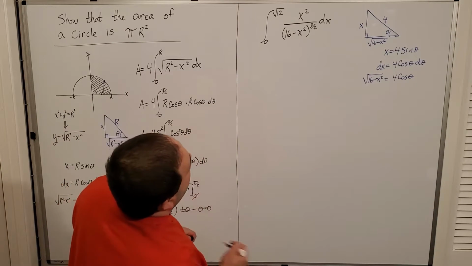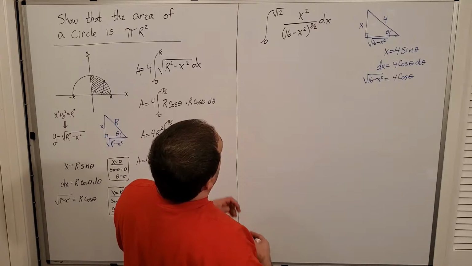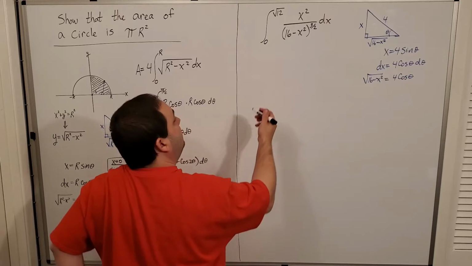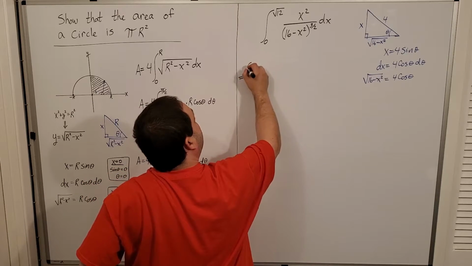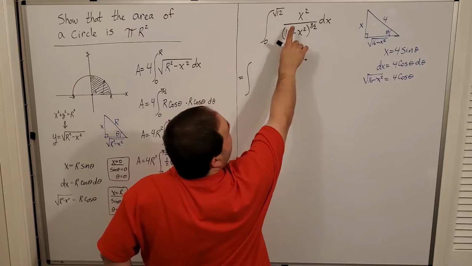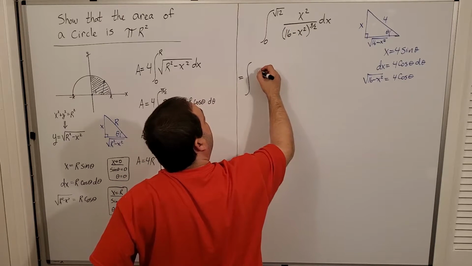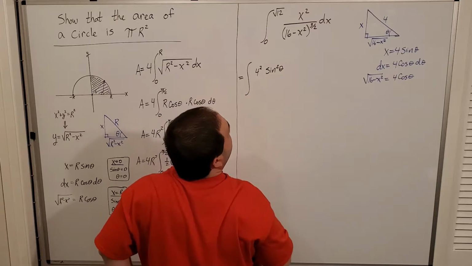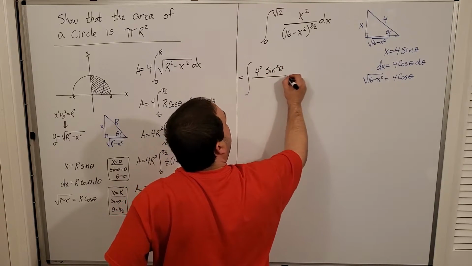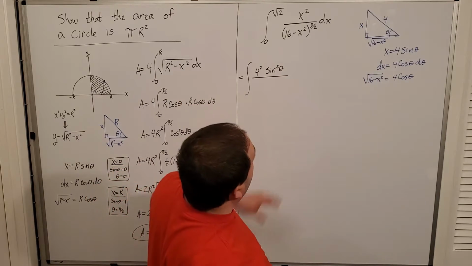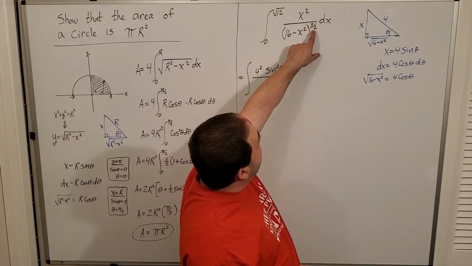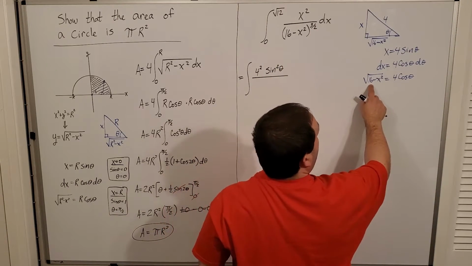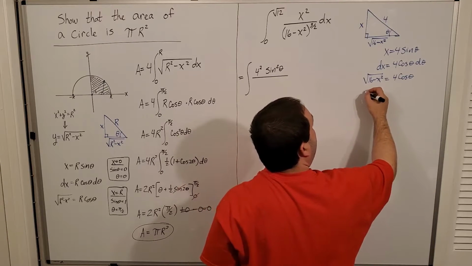Alrighty. So now for my integration here, this is going to be equal to the integral of x squared, right? I'm going to have 4 squared sine squared theta. Okay, now in the bottom, pay attention here. This is a 3/2 power, right? Technically, this piece right here is a 1/2 exponent.